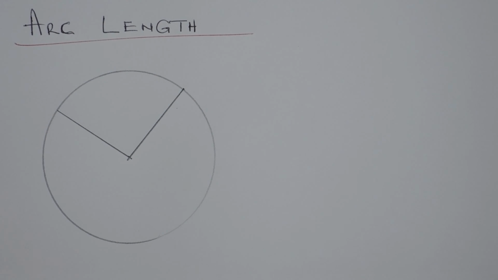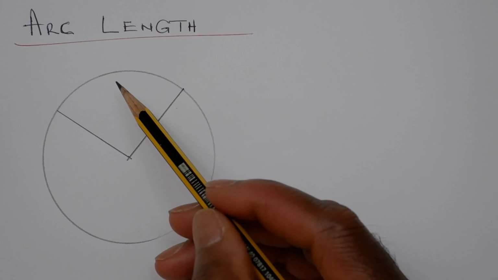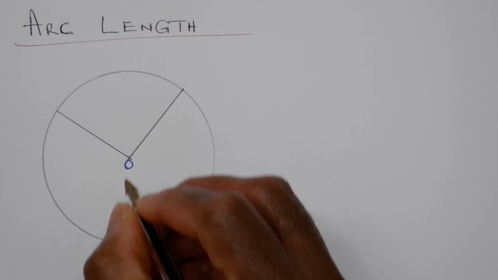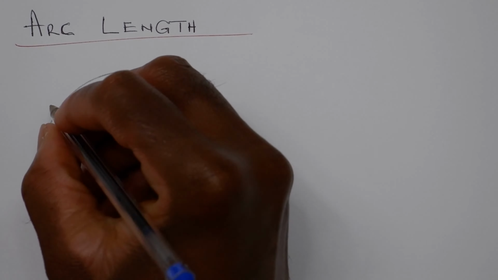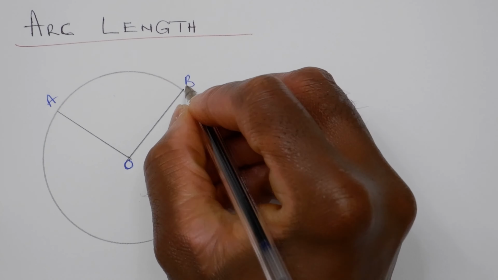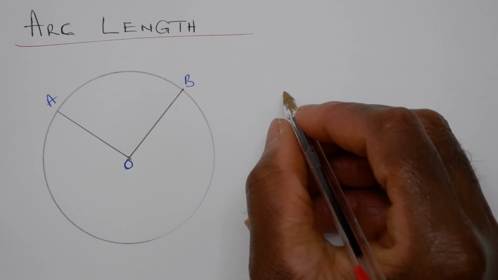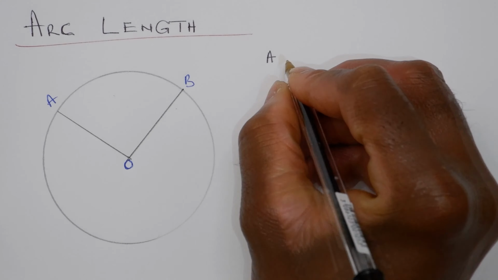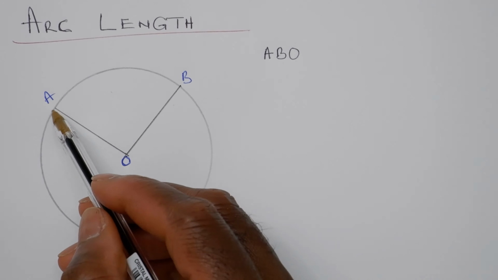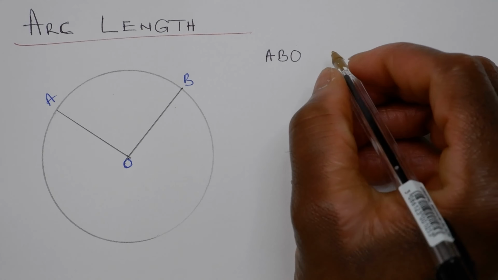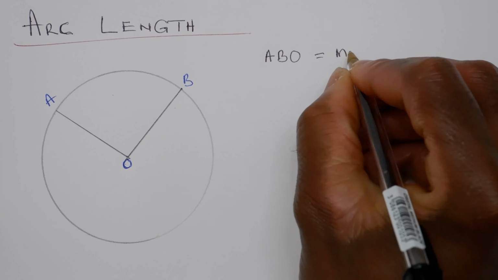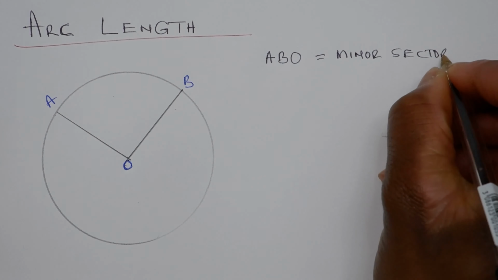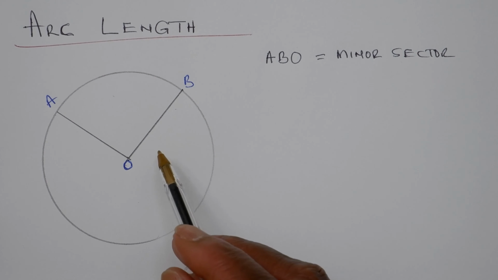Right, so what I've done now is I've created a minor sector and a major sector. So this point is the center of the circle, labeled O, and this is A, and that's B. The portion A, B, O is what we call a minor sector.